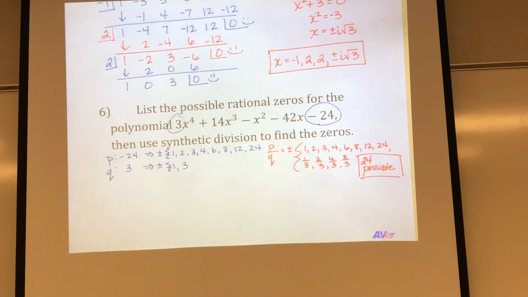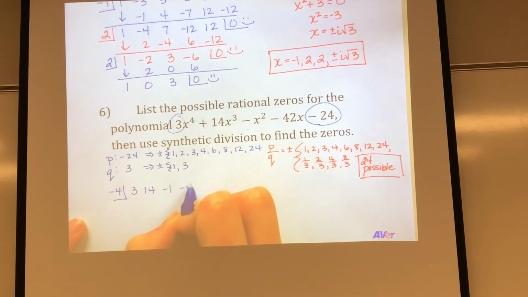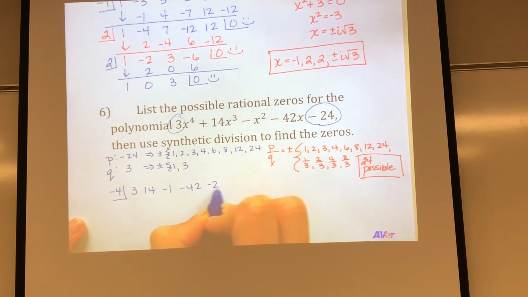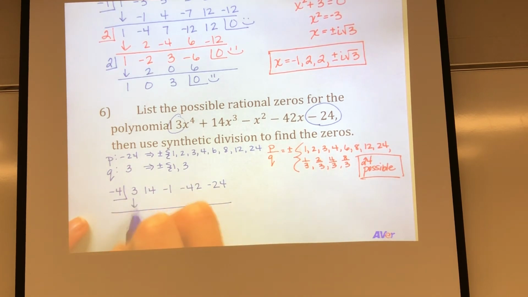All right, so we could use any of those numbers to start doing synthetic division with. I'll give you some hints though. Start with -4 and see how you do with that. So go ahead and write all of the coefficients across the top and then do your synthetic division. Since this is a quartic, we're going to have to do synthetic division twice to get down to the quadratic level that we want to be.